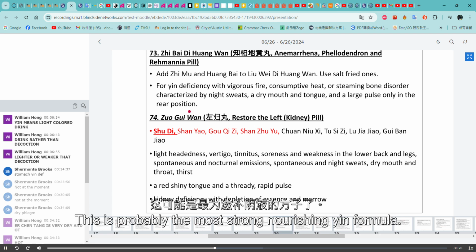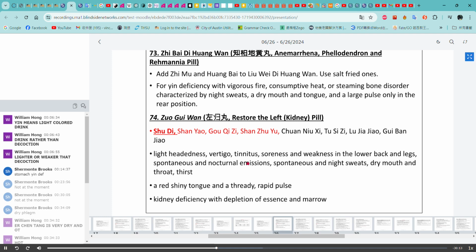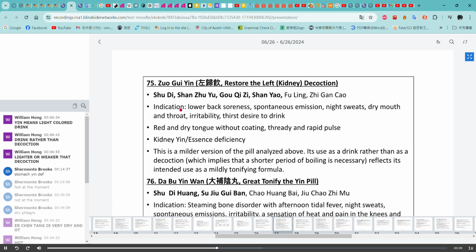This is probably the most strongly nourishing yin formula, even compared to Liu Wei Di Huang Wan. This is only towards the nourishment. With Zuo Gui Yin, again, yin is a drink, right?